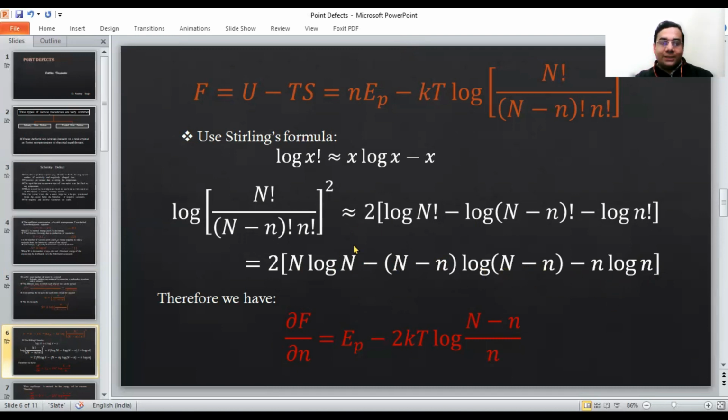Now differentiate this equation with respect to small n. Now we will get ∂F/∂n is equal to Ep minus 2kT log (N minus n) over n. Now this is simple differentiation.